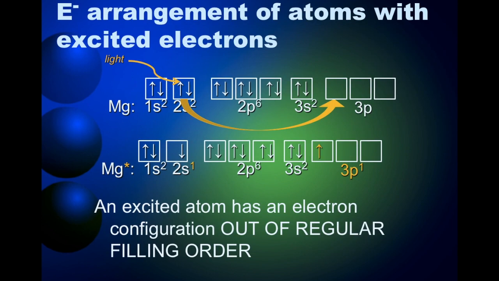All right, we're pretty much done with electron arrangement. The one thing that I do want to mention is that everything I've shown you is for electrons in ground state. Now, if you remember from the previous lecture, if light strikes an electron, it can cause it to bump up to a higher energy level.